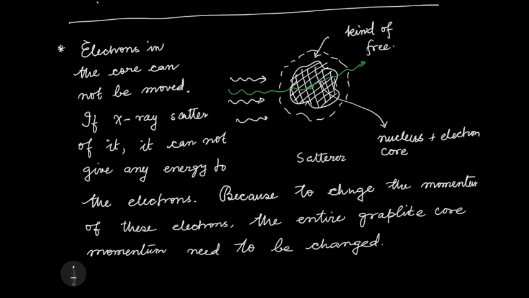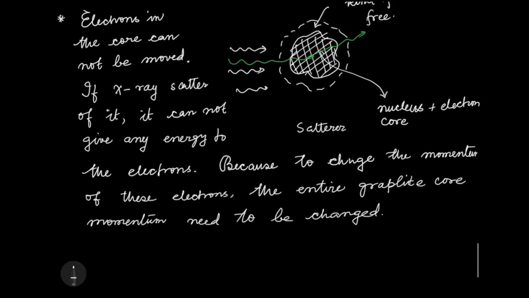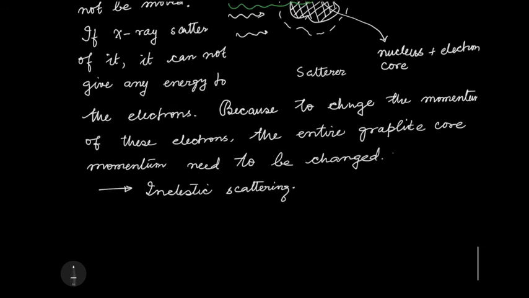That the X-rays don't have. So the X-rays which interact with the core electrons suffer inelastic scattering. This is what was expected from the classical theory.